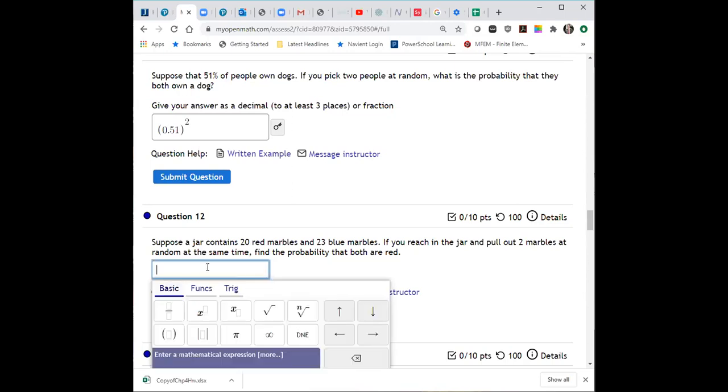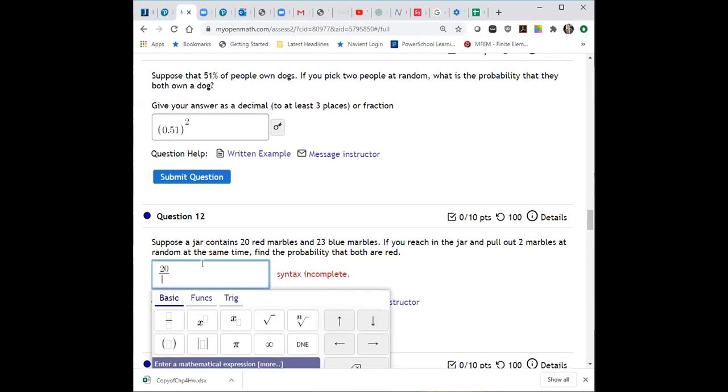First you need to find the probability of the first red marble, which will be 20 over the total of the marbles, which is 43.